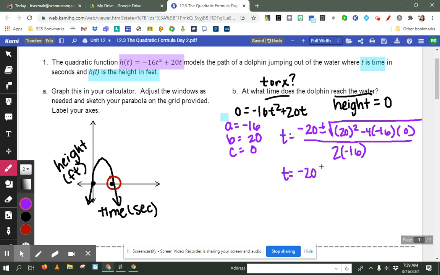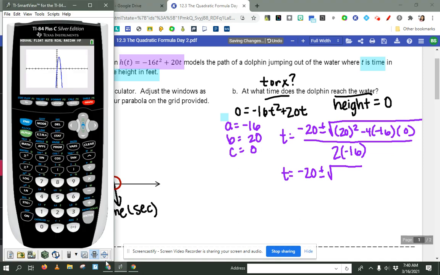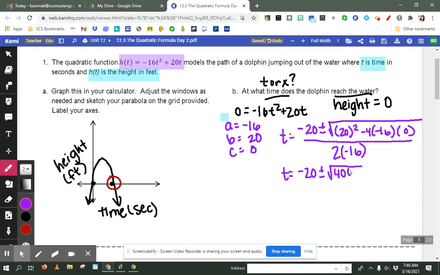I'm going to have negative 20 plus or minus the square root, and I'm going to type in what's under the square root: 20 squared minus 4 times negative 16 times 0, which is 400. Over, and then 2 times negative 16 is negative 32.